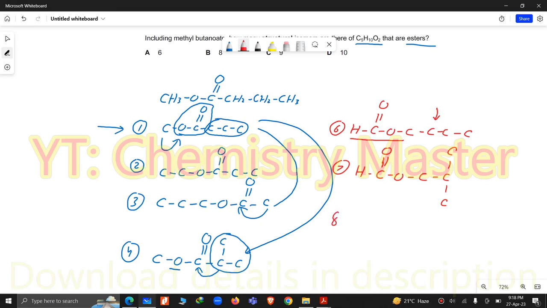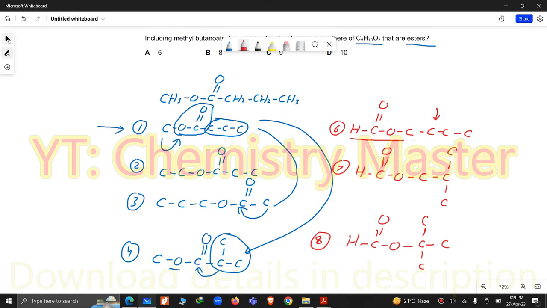The 8th isomer, it shall be like hydrogen, let me change. The 8th one will be hydrogen bonded with carbon and then carbonyl, oxygen, and then this one carbon will be bonded with 3 more methyl groups. 1, 2, 3, 4, 5. So this is the 8th isomer.